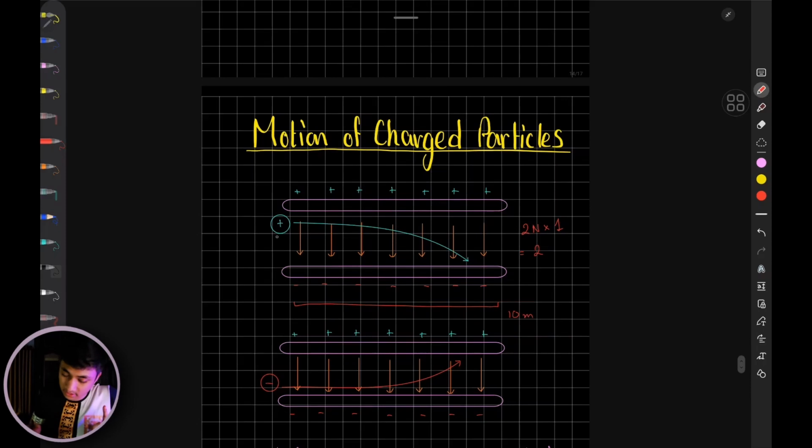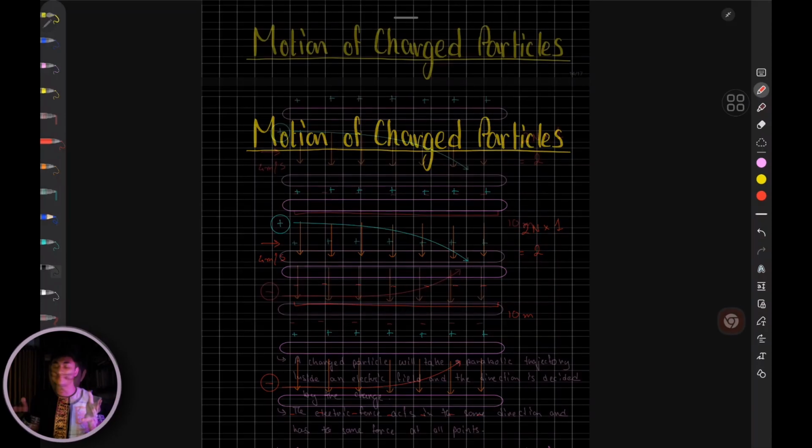So, let's say you release this positive charge with 4 meters per second of speed. It is going to travel in this direction with the same speed, but it will accelerate downwards. The speed that is horizontal to the charge is not going to change.